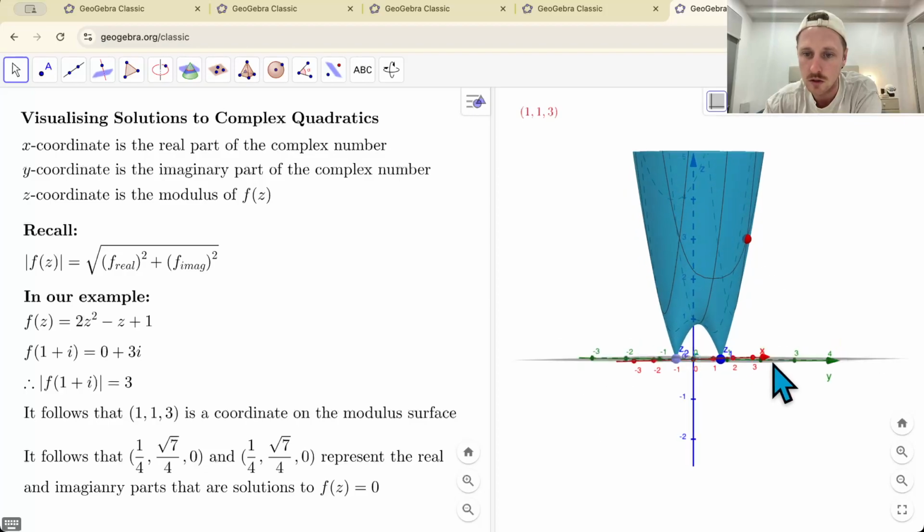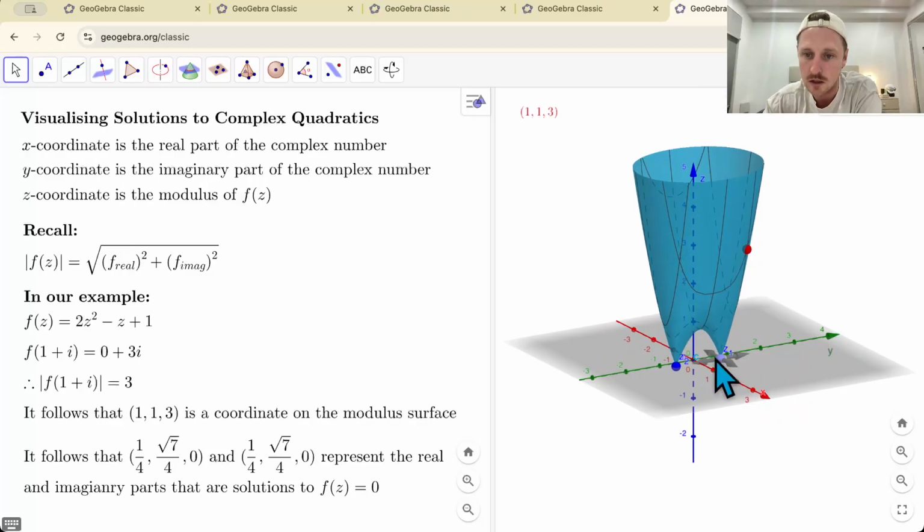These are zeros of the modulus. See how the modulus is 0 at those points? And so those points must correspond to a real value of 1/4, an imaginary component of root 7 on 4, and obviously the modulus goes to 0. So these 2 points represent the real and imaginary parts that are solutions to f of z equaling 0.